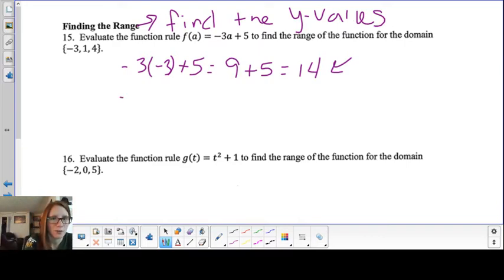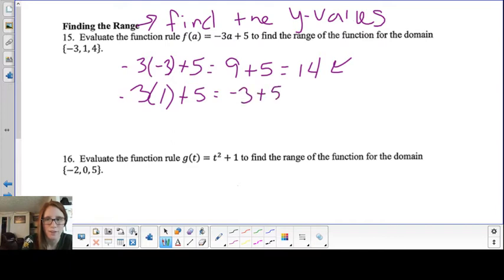Next, I'm asked to plug in positive 1. So I have negative 3 times 1, which is negative 3 plus 5. Negative 3 plus 5 is 2. Next, I have negative 3 times 4 plus 5.